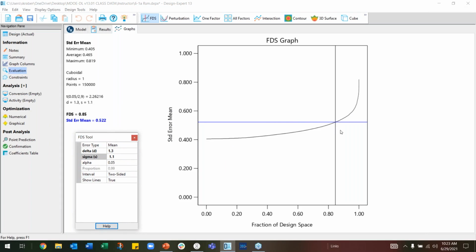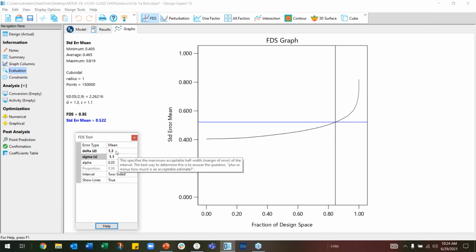And it puts the crosshairs on appropriately and shows us that the FDS, the fraction of design space, is 0.85. That tells me 85% of the design space will be able to predict this activity response to within plus or minus 1.3, assuming that the DOE standard deviation is about 1.1. And that's information that's coming in prior to running the experiment.